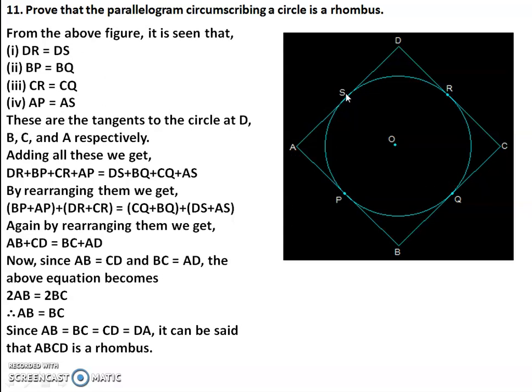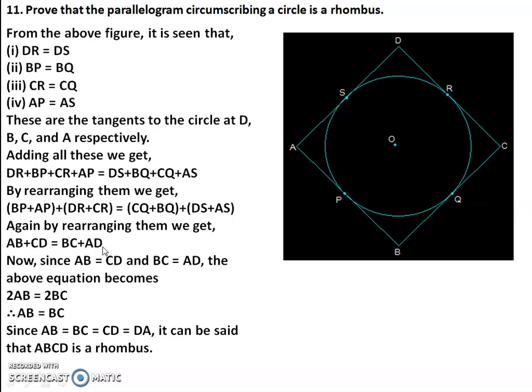Why? Using theorem 10.2. Adding all these we get DR plus BP plus CR plus AP equal to DS plus BQ plus CQ plus AS. Now rearranging, we'll get AB plus CD is equal to BC plus AD.